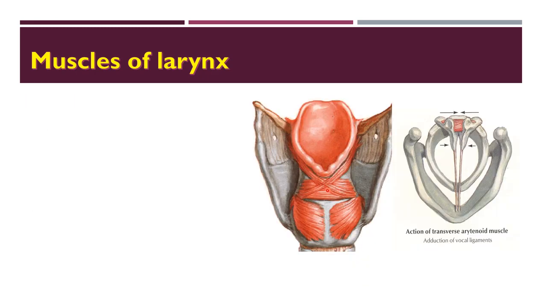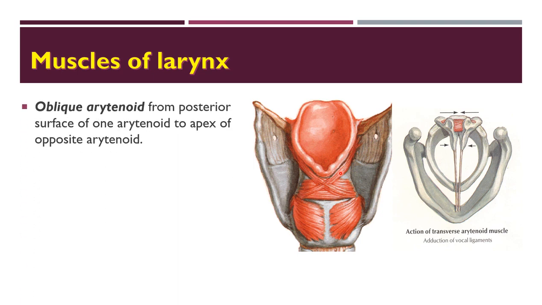That is the transverse arytenoid which you are able to see here, which extends between the two arytenoid cartilages in the interarytenoid fold. And the oblique arytenoid is sometimes called an upward continuation. It extends from the posterior surface of one arytenoid cartilage to the apex of the opposite arytenoid cartilage. So you are able to see that oblique arytenoid. And the transverse arytenoid is the only unpaired muscle of the larynx.